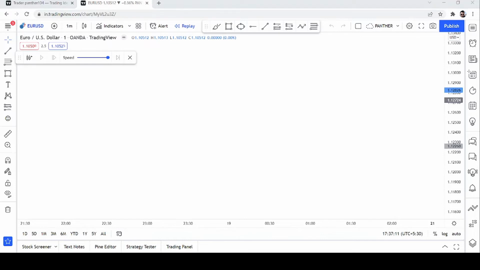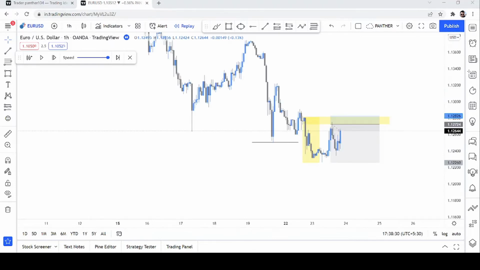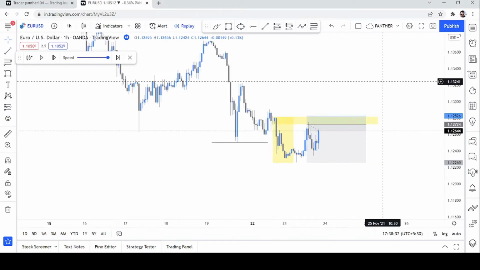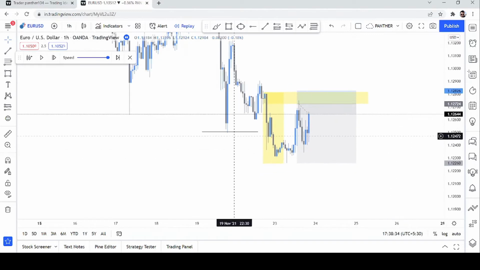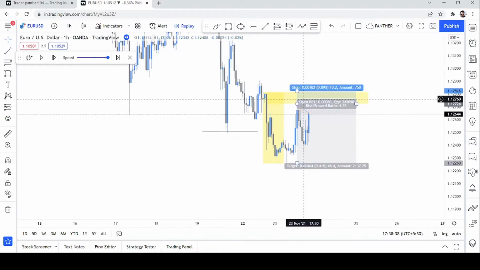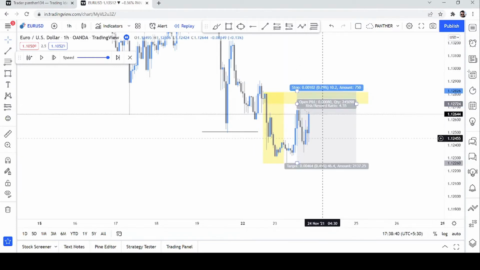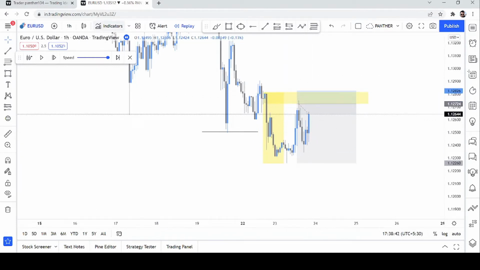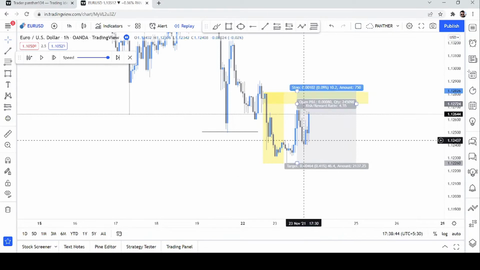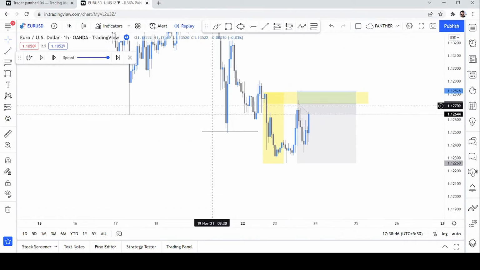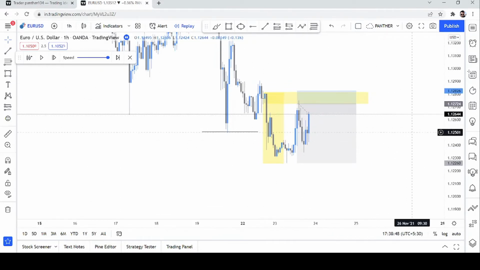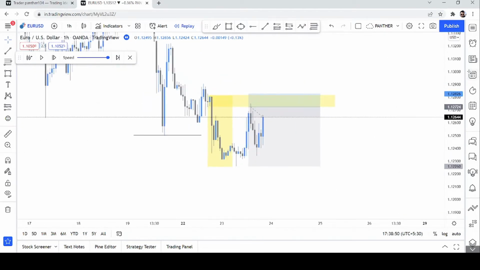All right, no problem. I tried to go back to 1 minute just to show if I could have got a confirmation, but unfortunately, we're going way back on this, so we don't have the data on a 1 minute chart. So it's okay.